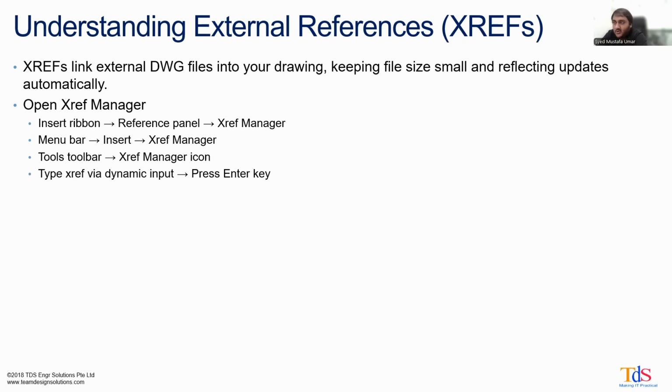And that's all that an external reference is: it references something that is external in your current drawing. That's all that there is to explain about it. Now, how do you do that in FormCAD?